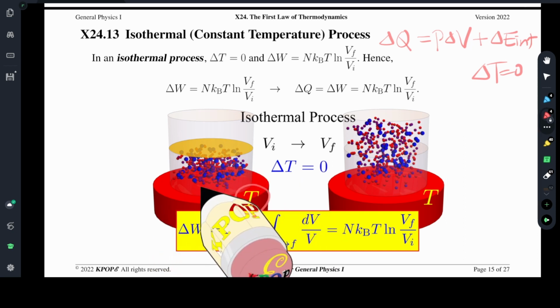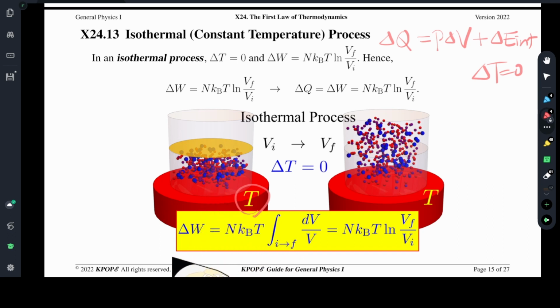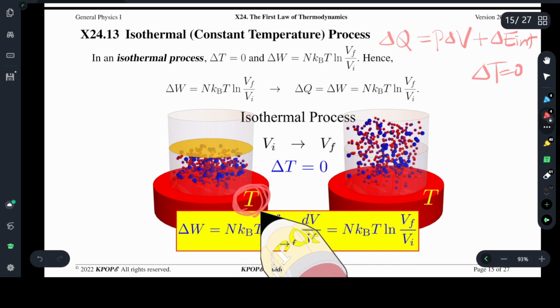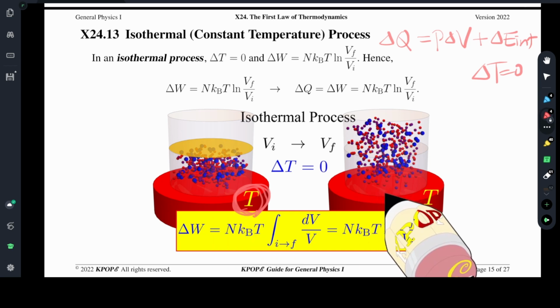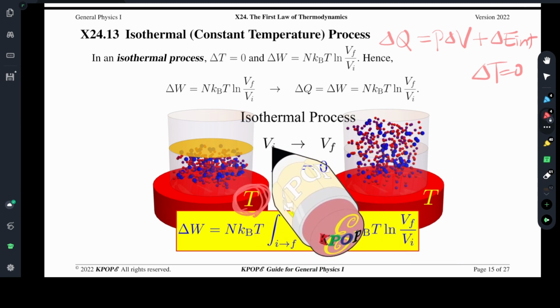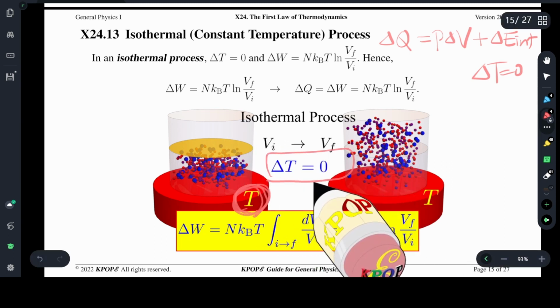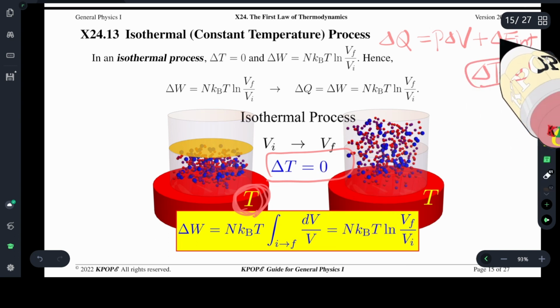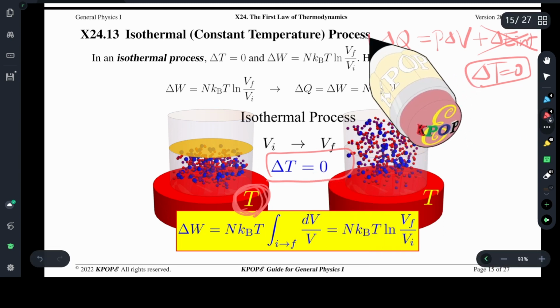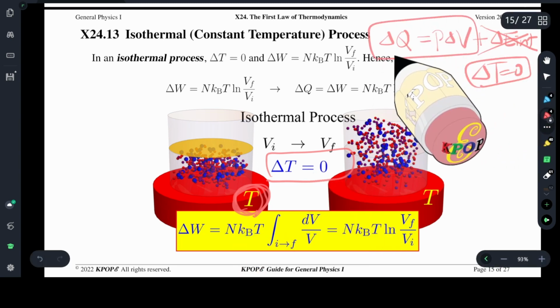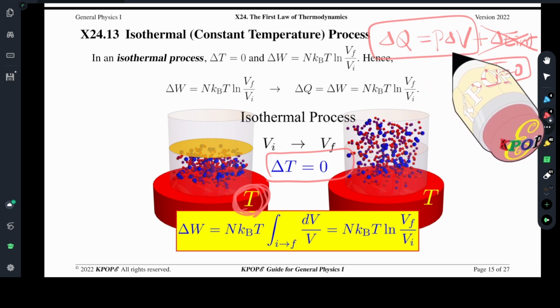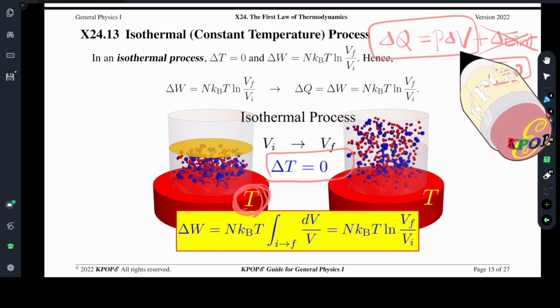It can either supply or take away heat energy, keeping the temperature T the same all the way from the initial to the final state. So in the isothermal process, temperature is invariant, therefore the internal energy of the gas is invariant.